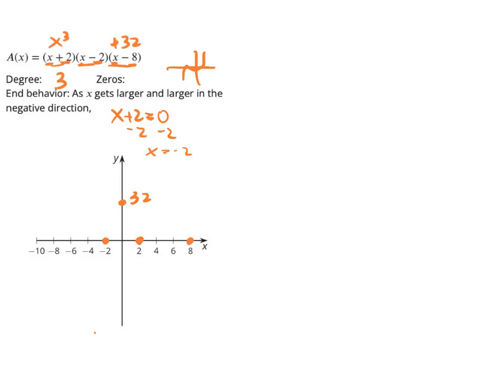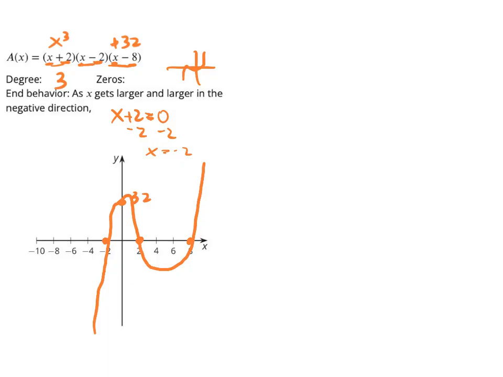So if we start low, we come up, and then come back down through 2 and up through 8, it should look something like that. You can always graph these to see if I'm right. I might be a little off in the hump where the y-intercept is, but that's okay. I'm getting close to the shape of the graph.